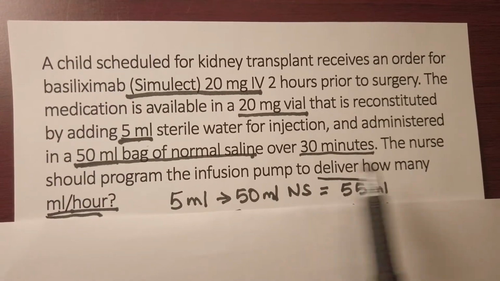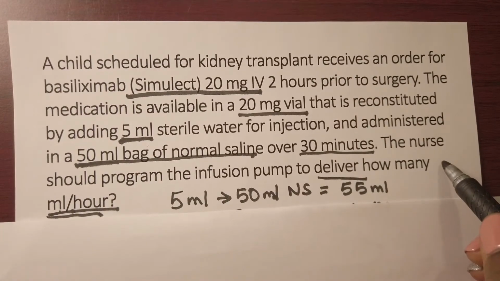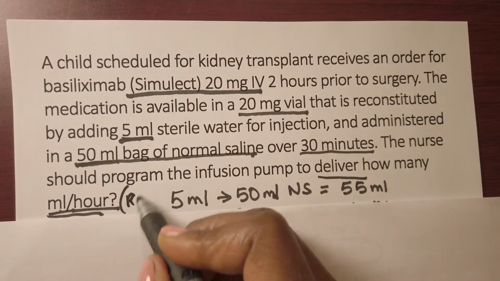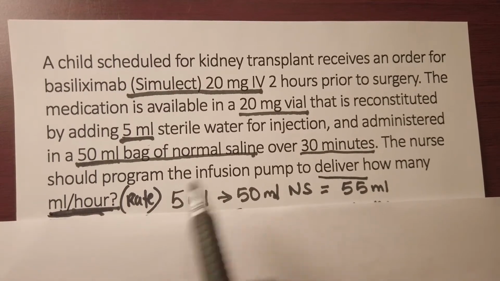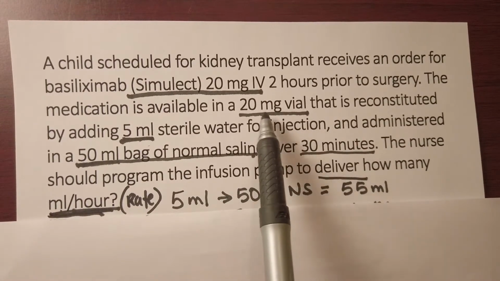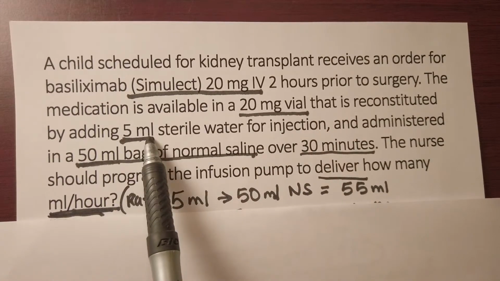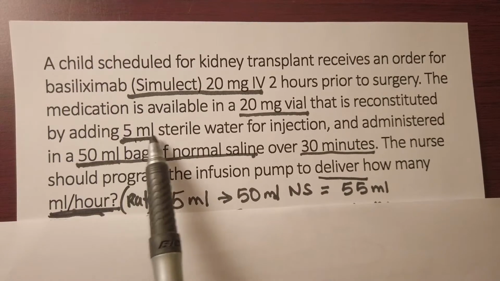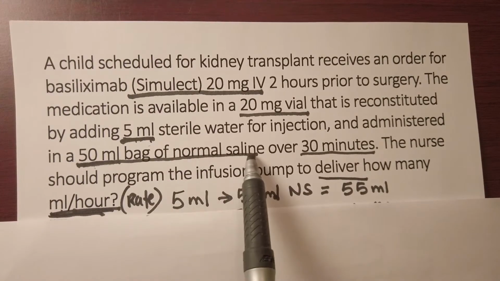So this question wants you to figure out the rate. So we're looking for the rate in mLs per hour. So key point, 20 milligram vial is equal to 5 ml. The 5 ml is added to 50 milliliters bag of normal saline.